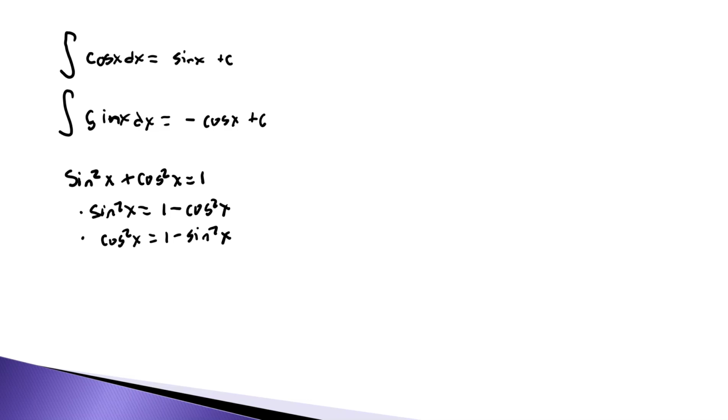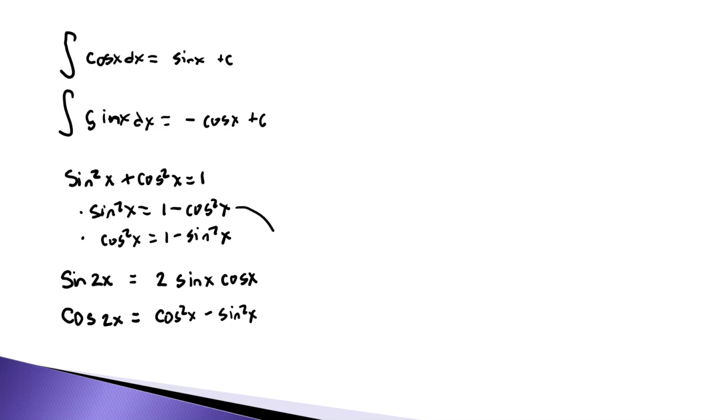We've also got two other ones that are going to be important for us. That's going to be sine of 2x. That identity is 2 sine x cosine x. And then we've got another one that we're going to use quite a bit, and that is cosine of 2x. And this one has actually two forms. The basic form is cosine squared of x minus sine squared of x.